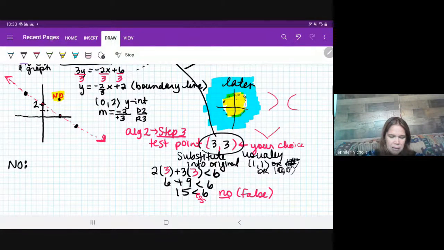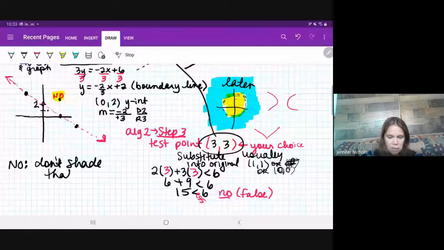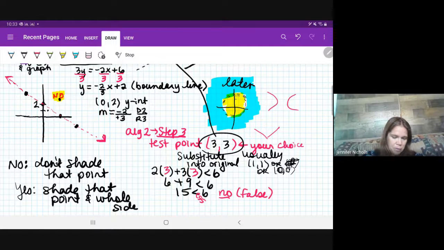A no means don't shade that point. A yes means shade that point and the whole side. So I'm not going to shade that side. I'm going to shade the other side.